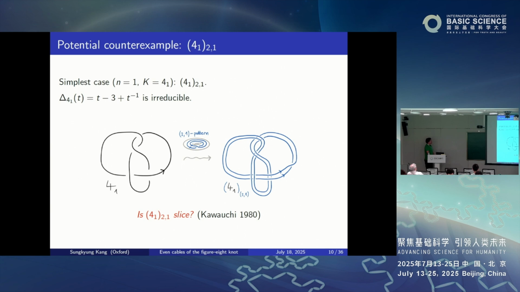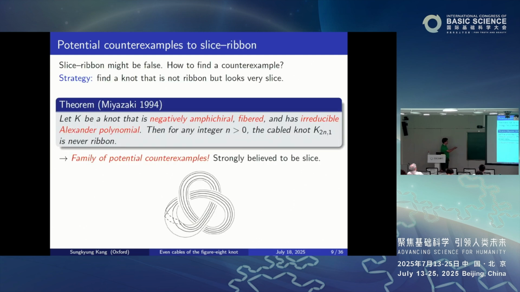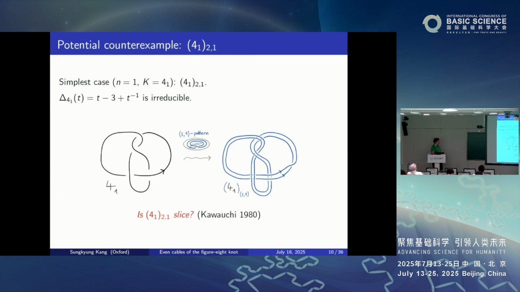Anyway, what is the simplest example in this family of potential counterexamples? There are a lot of conditions, but these are all satisfied by the figure 8 knot. It is even strongly negative amphichiral, and it is fibered. The Alexander polynomial is irreducible. And the smallest positive even number is 2.